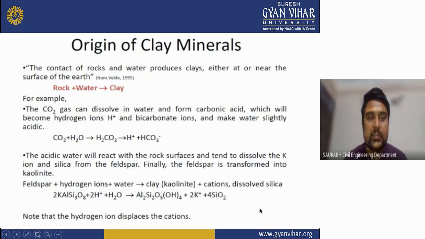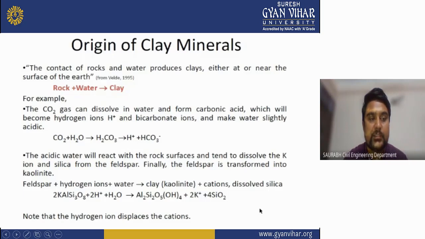As you can see, origin of clay minerals. The contact of rock and water produces clay either at or near the surface of the earth. So, if anybody asks you what clay is, you can answer it is rock plus water.